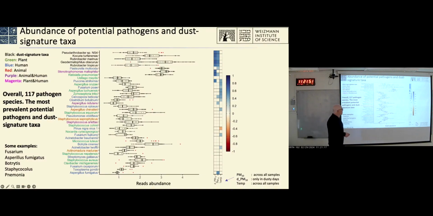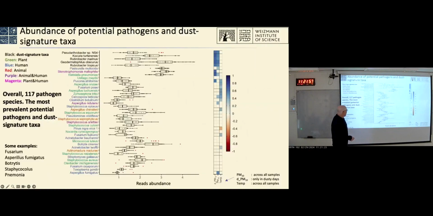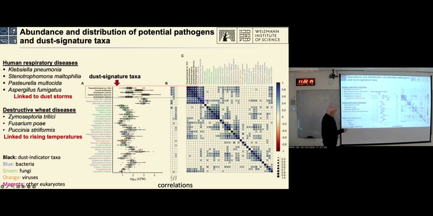And here we looked at the correlation of these species. This is the abundance. We look at the correlation of the species with temperature and with PM, and we can learn what affects their presence. We can see also a dependence on temperature. As the temperature increases, some of them appear more. We cannot see a really high increase in their concentration per se.